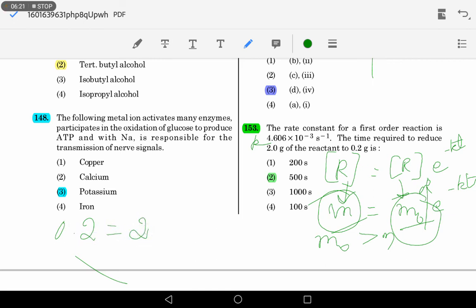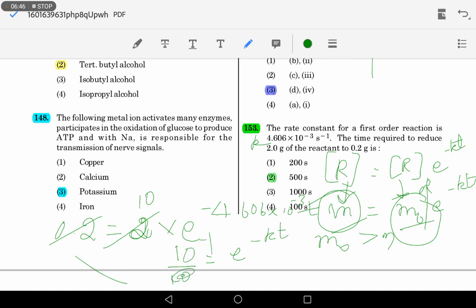So 0.2 gram equals initial concentration 2 gram times e power minus k, which is 4.606 into 10 power minus 3, times t. So 1 by 10 equals e power minus kt. Taking this 10 to the denominator, 10 power minus 1. Since both have minus 1 in their powers, 10 equals e power kt.